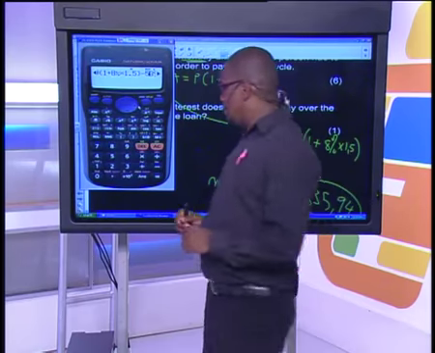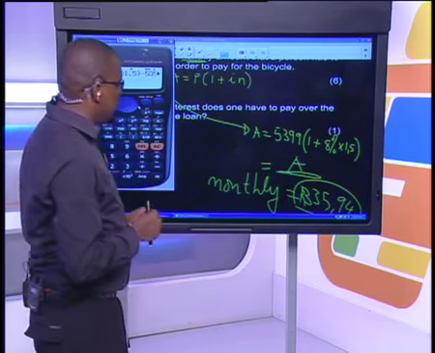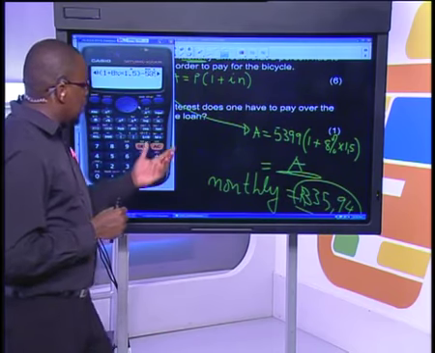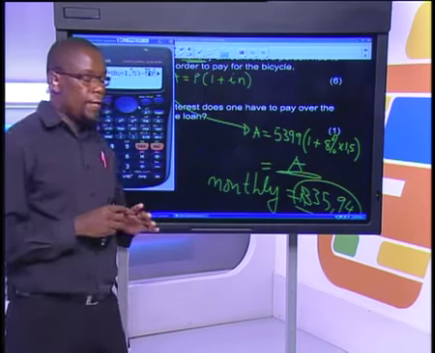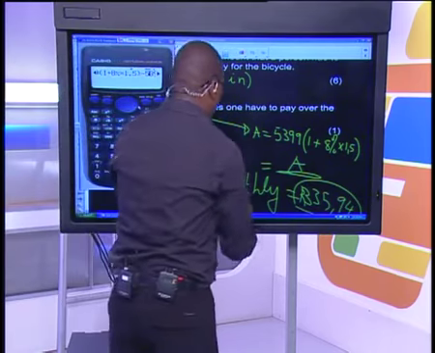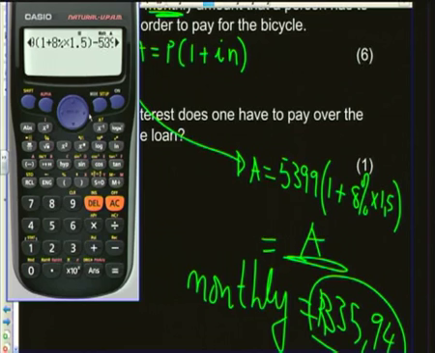Thank you. Guys, I've worked out the question before the break. How much interest does one have to pay over the period of that? Now, you've got your amount here, which was 6,000 and something. So I've worked it out here for you guys. It's 5,399 bracket 1 plus the 8% times 1,5 minus, now guys, minus the original price, which is 5,399.